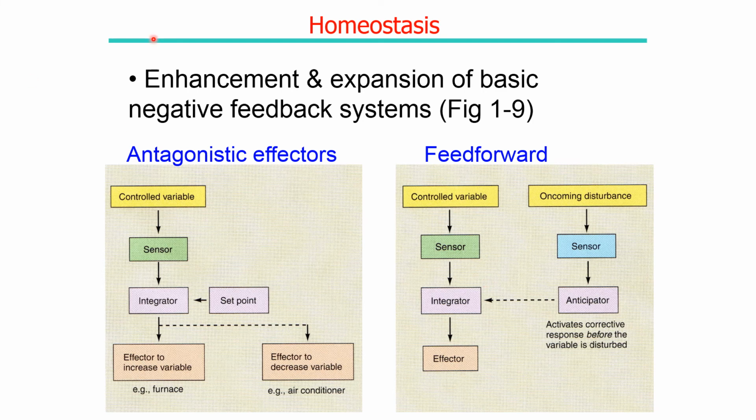But if the negative feedback mechanism were working alone, then the increase in sugar would occur first, and then insulin would be released. That may harm the body and would waste the sugar in urine.